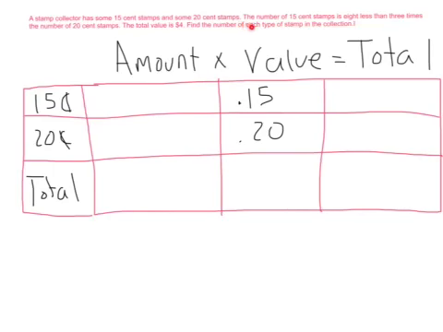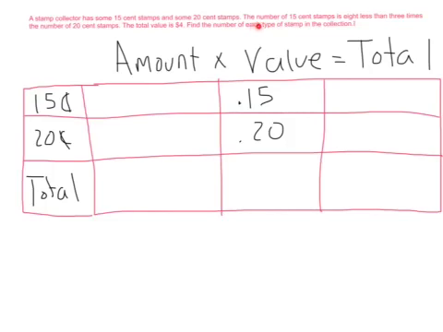Alright, continuing. The number of 15-cent stamps is 8 less than 3 times the number of 20-cent stamps. Okay, this is very important. When you have this kind of situation, when it's comparing two things, it might say this is a little more than this, or 3 times 8 more than this. You're always going to use x to be whatever it's comparing it to.